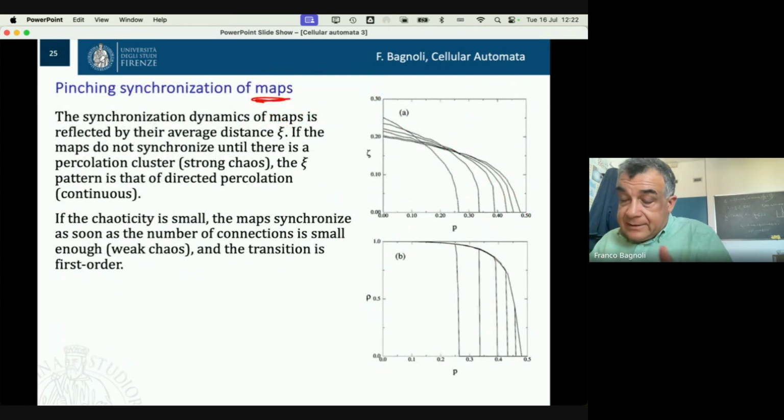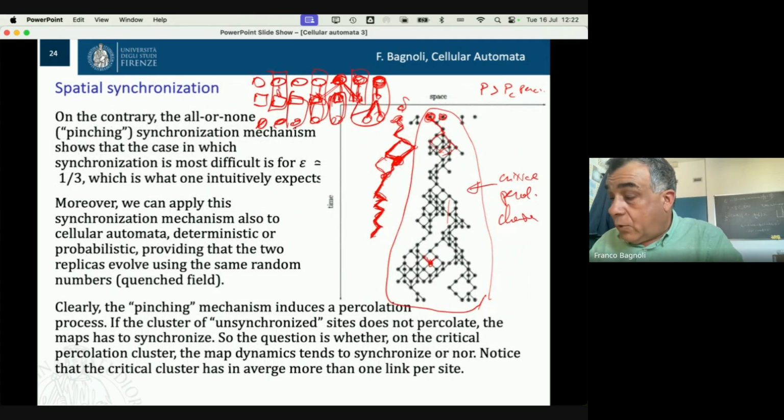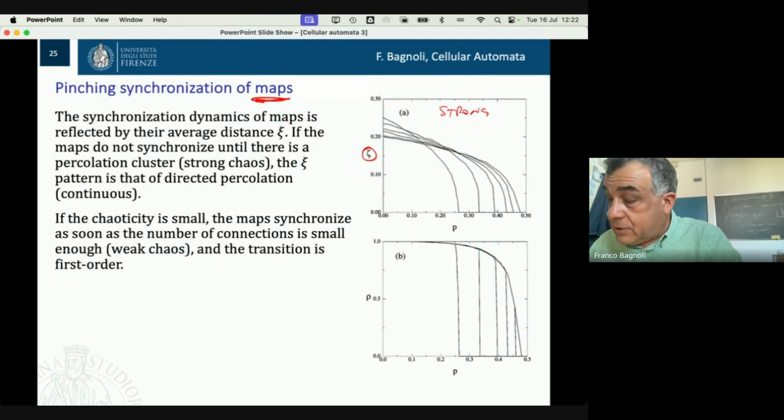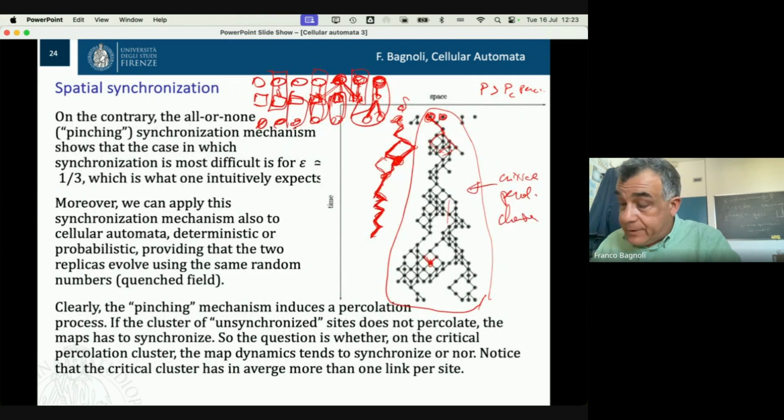This discriminates weak and strong chaos. If you have strong chaos, then the total number of sites which arrive to infinity is essentially all of these. So the transition is of the directed percolation kind, and they only synchronize when the percolation cluster disappears.